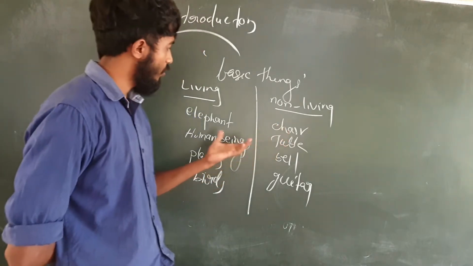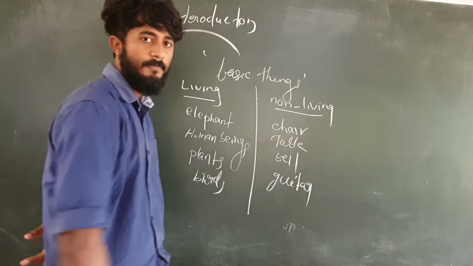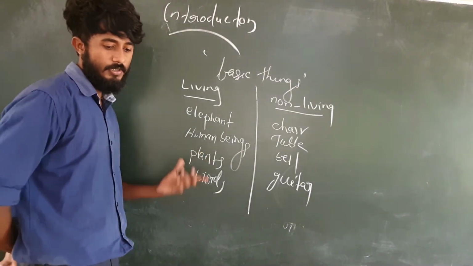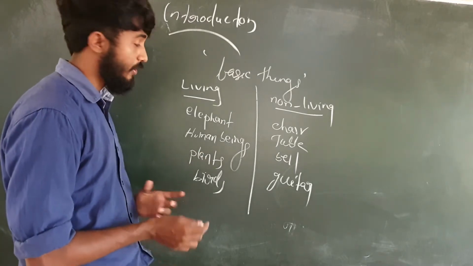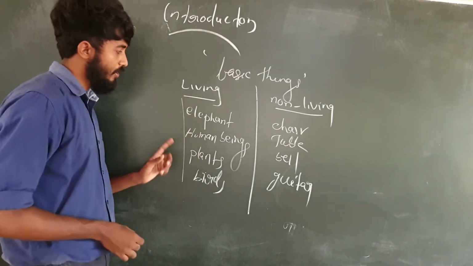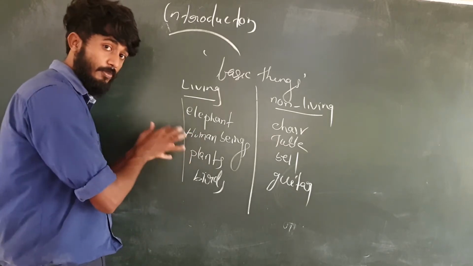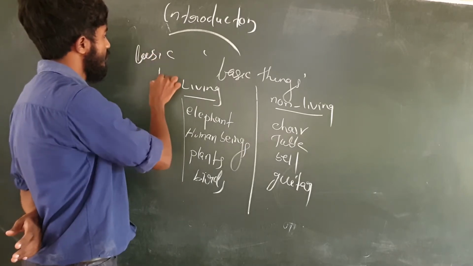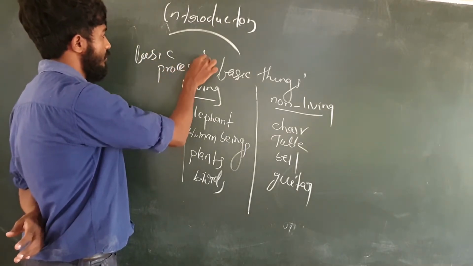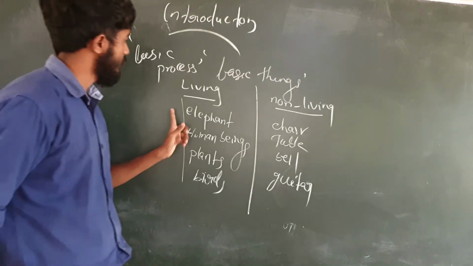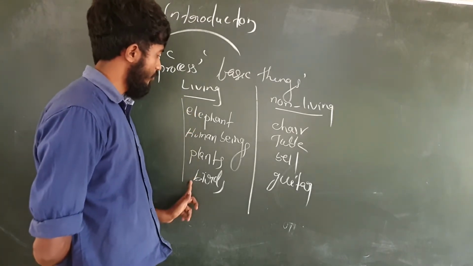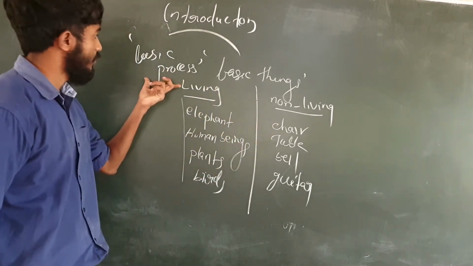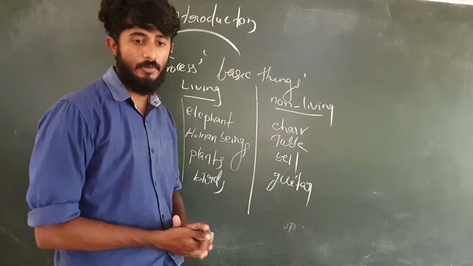So what is the basic difference between them? Inside the body of anything that is living, a basic process is working. A basic process is working in the living organism. But in the case of non-living things, there are no basic processes inside their body.